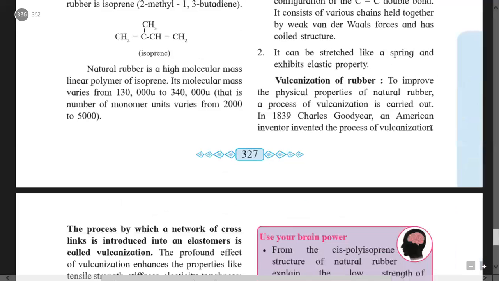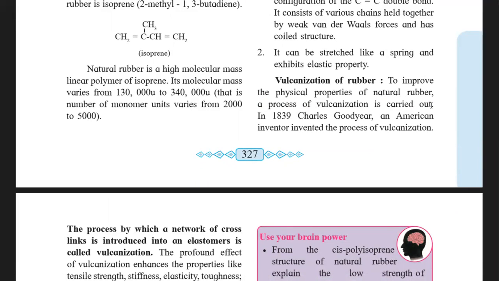Then vulcanization of rubber. What is vulcanization? To improve the physical properties of natural rubber, the process of vulcanization is carried out. A question may be asked in an examination like why vulcanization of rubber is carried out. The very simple answer is to improve the physical properties of natural rubber. In 1839, Charles Goodyear, an American inventor, invented the process of vulcanization.